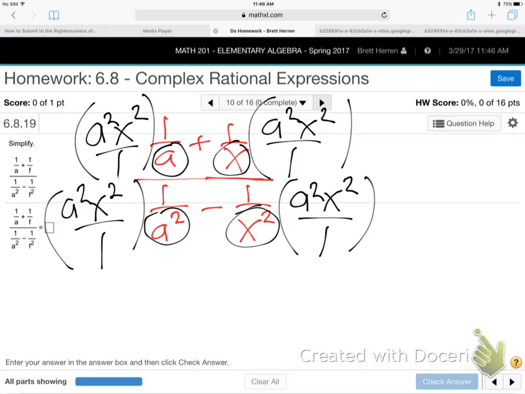So the a squared means 2 a's and the x squared means 2 x's. So if you cancel, there might be one left over, right?